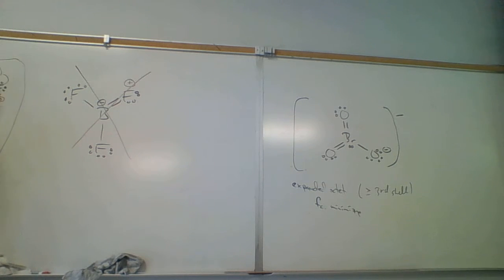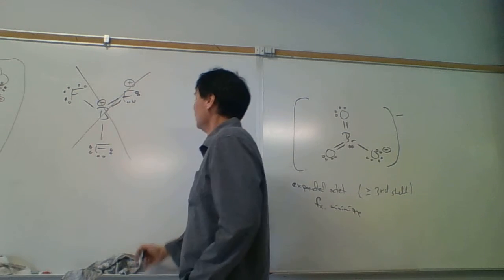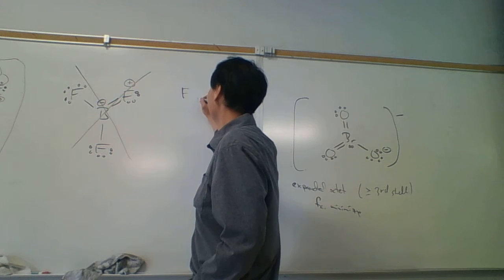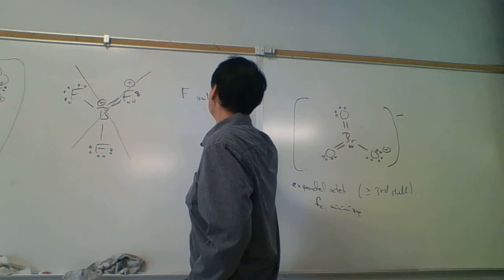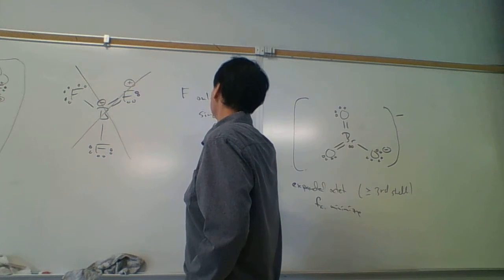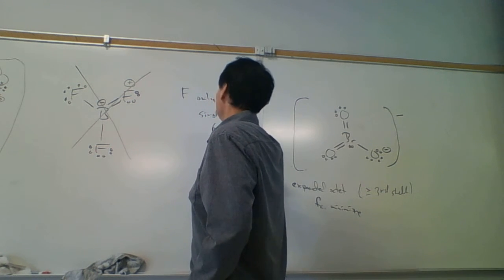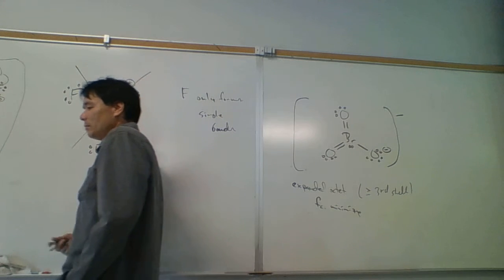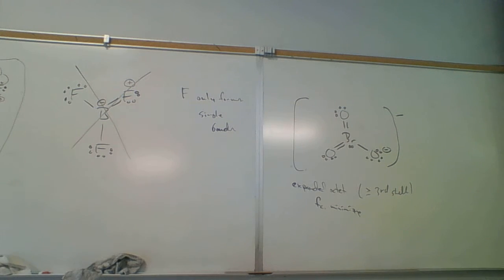The reason is that fluorine is too selfish, or fluorine has too much attraction for the electron. Fluorine only forms single bonds. You'll never see fluorine form a multiple bond, because in order to form a multiple bond, it's going to have to lose electrons. And it's not going to lose electrons because it's too powerful, it's too electronegative.